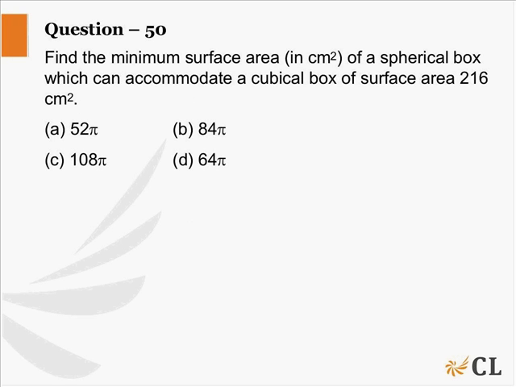Minimum surface area of a spherical box that can accommodate a cubical box of surface area 216 centimeter square. Whenever you have to inscribe a cube in a sphere, the longest diagonal of the cube should be equal to the diameter of the sphere.